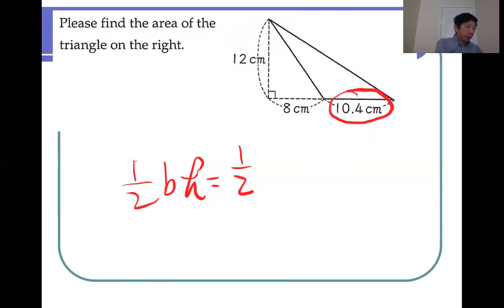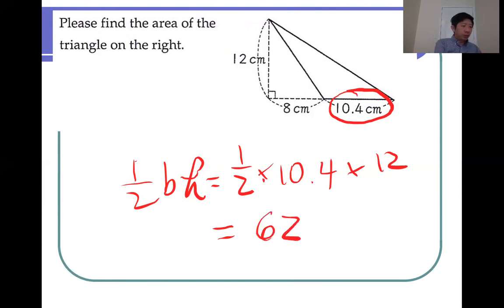So take 1/2 times 10.5. Now we times what? Times height. Height is a 12, right? So therefore, we got the answer 62.4 centimeter. Remember that it's centimeter square. Centimeter square. Okay.